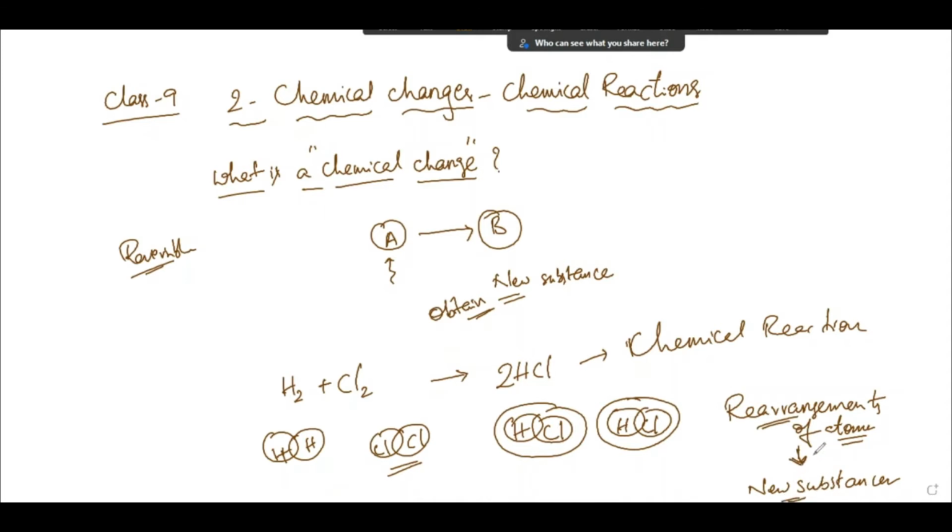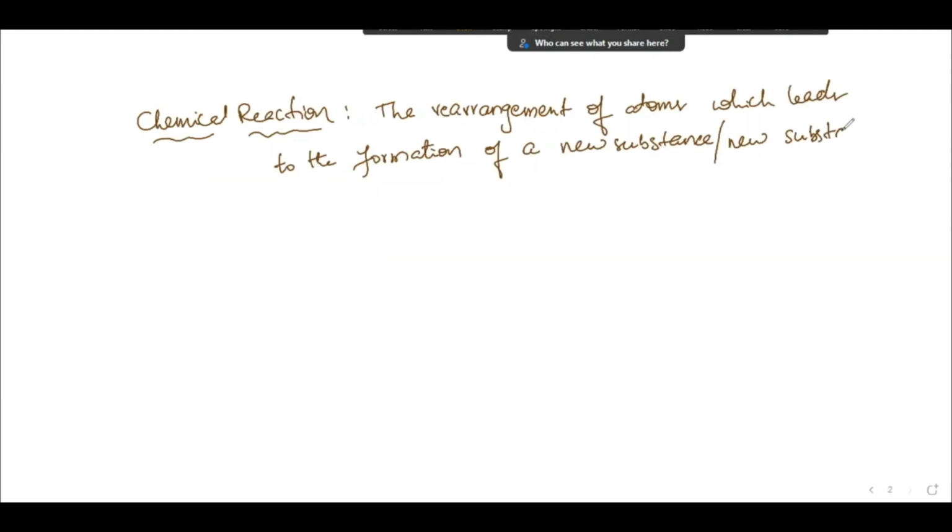This is the definition of a chemical reaction. It may give only one new substance, or sometimes it may give more than one new substance. So let's see the definition again. A chemical reaction is nothing but the rearrangement of atoms which leads to the formation of a new substance or new substances.